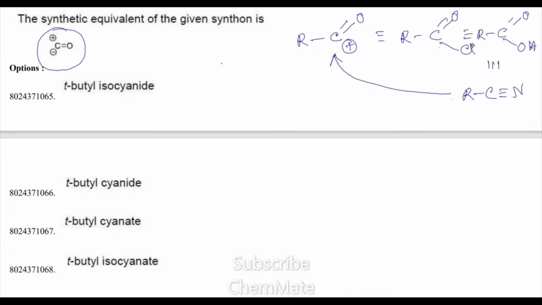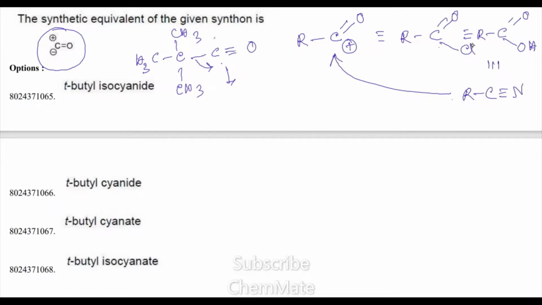So from alkyl cyanide we will get this synthon, acyl chloride. Now if R is a tertiary butyl group, as we know that tertiary butyl group produces a stable carbocation, so it will be easily removed and a negative charge will be generated at this carbon.